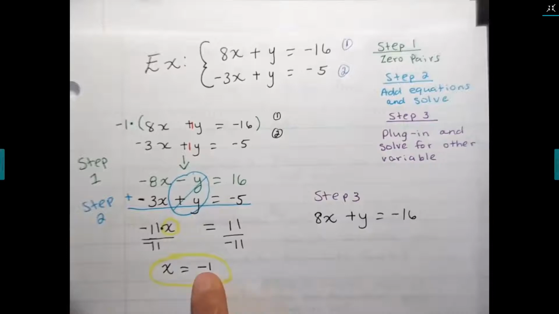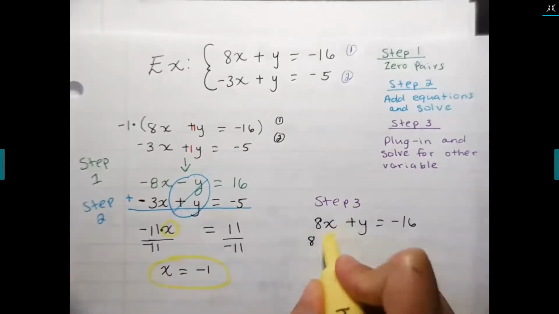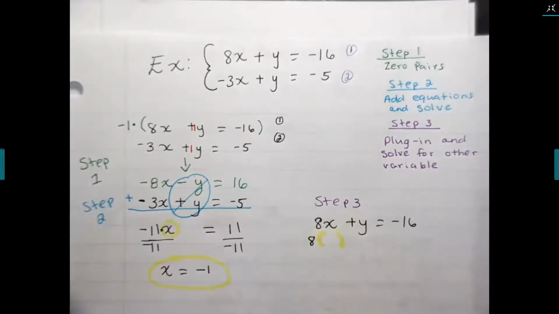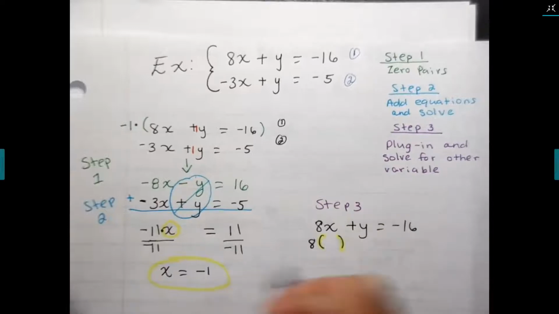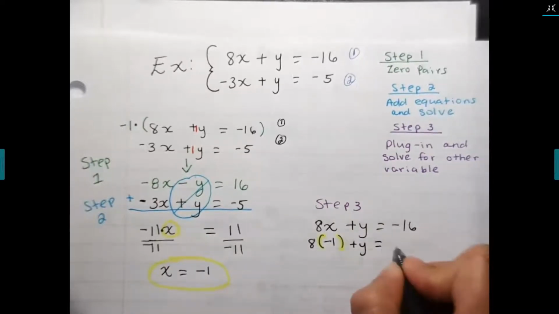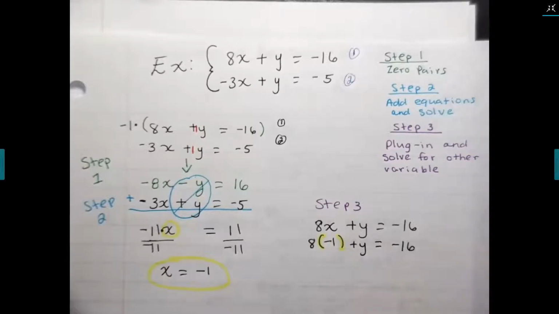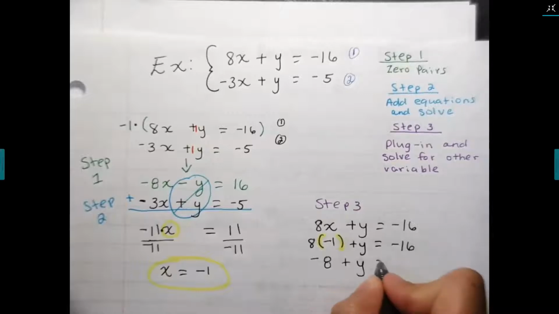So it's going to become 8 times, and I always use parentheses when I plug in. We already know that the value of x is -1, so I'm going to replace it. Plus y equals -16. That's going to become -8 plus y equals -16.